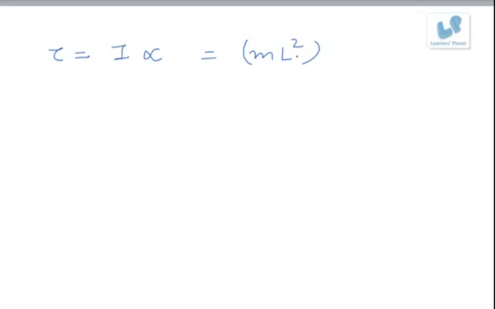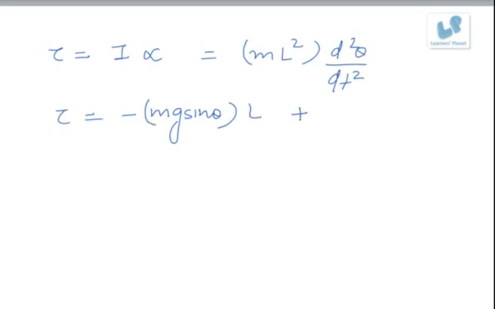This torque, which is restoring in nature, is due to the moment of force of mg sin theta, with lever length L, and also the viscous drag, which is acting in the opposite direction, which is mbv. Now this can be written as minus mg.